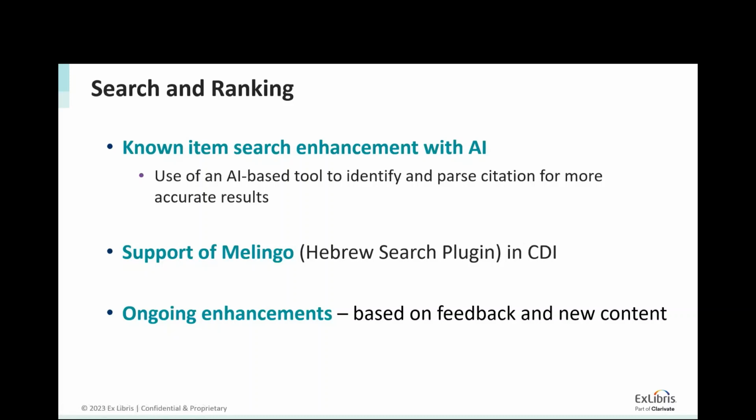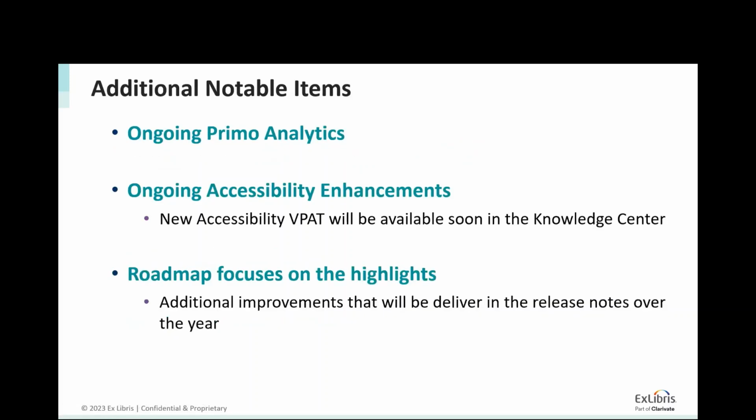Okay, thank you, Christine. So I think that we mostly conclude the things that we wanted to share, the highlights. Of course, I also want to emphasize that in the area of Primo Analytics, there is ongoing enhancement as we are releasing new features and also analyzing your cases.